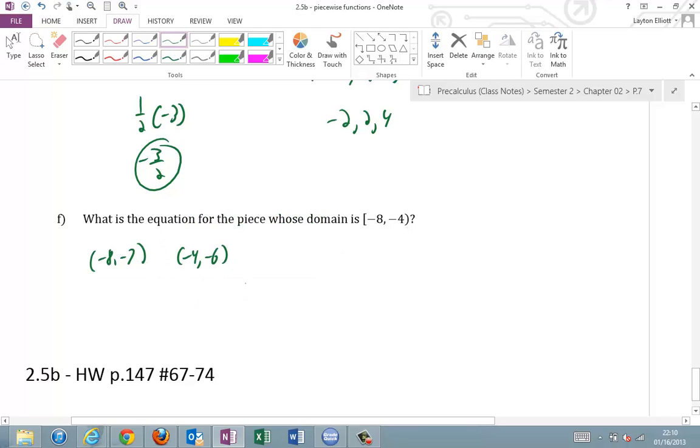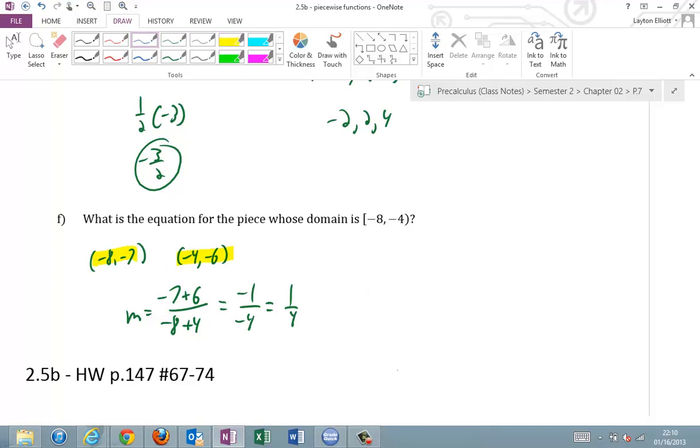And let's do a line on this. I know the slope is equal to negative 7 minus a negative 6 over negative 8 minus a negative 4, or negative 1 over negative 4, or positive 1/4. Since the line passes through either of these 2 points, I can do y minus a negative 6 is equal to 1/4 times (x minus a negative 4).